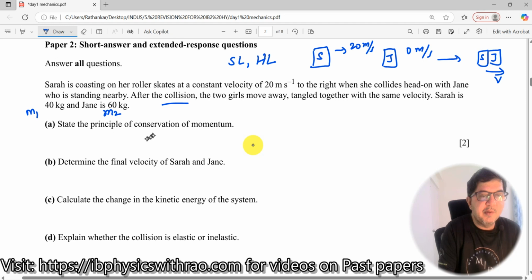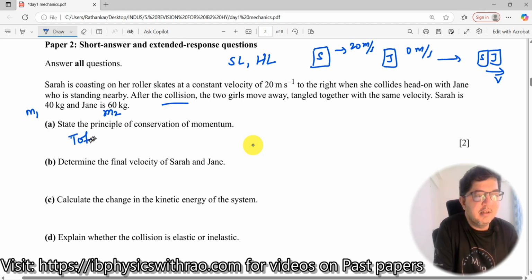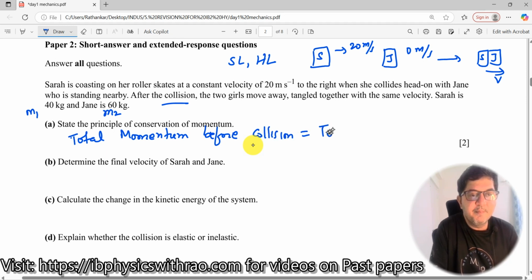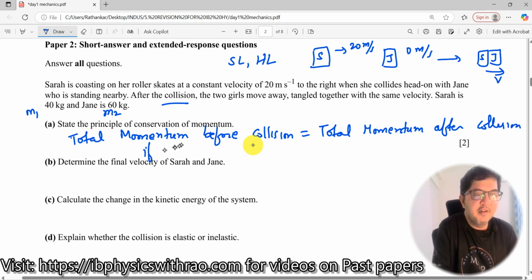Okay. Here the principle of conservation of momentum. What does conservation of momentum tell you? It tells you that total momentum before collision is equal to total momentum after collision if no external forces act on the system.